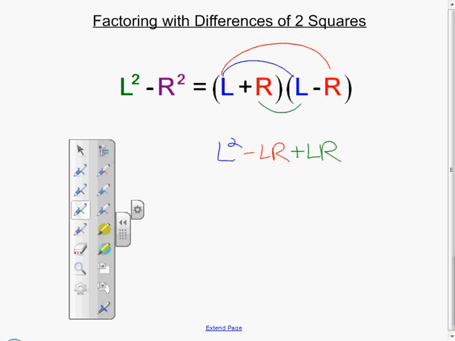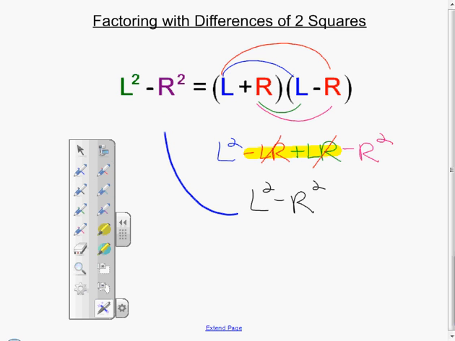It's positive, so I write plus, and then plus R times negative R is negative R squared. We see we have like terms in the middle, and in fact they're inverses of each other, so they cancel, leaving us with L squared minus R squared. And obviously that is the same as the original. So we see beyond a shadow of a doubt that these two expressions are equal.